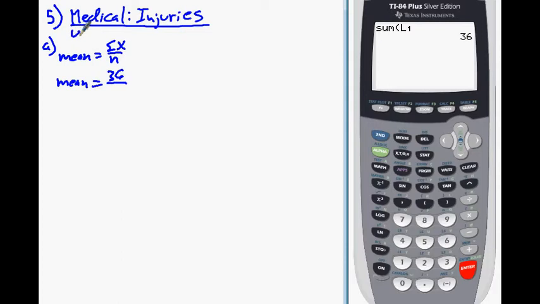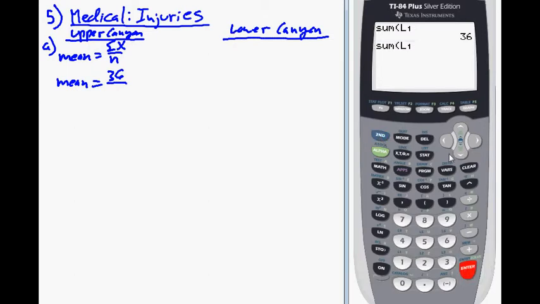We'll make this the Upper Canyon, and we'll do the Lower Canyon over here. And we can get the sum. So this is going to be 59.